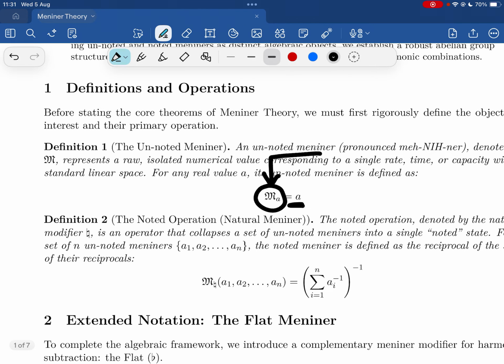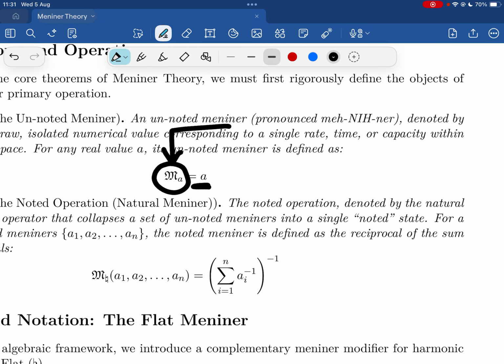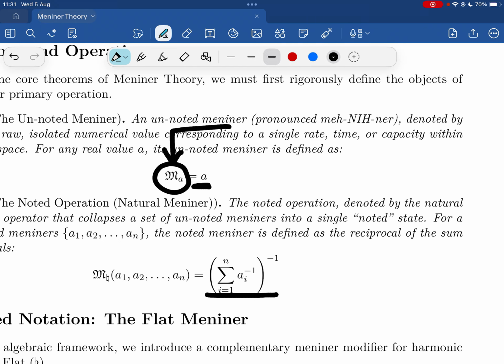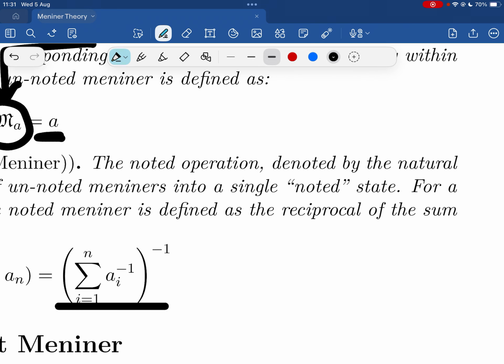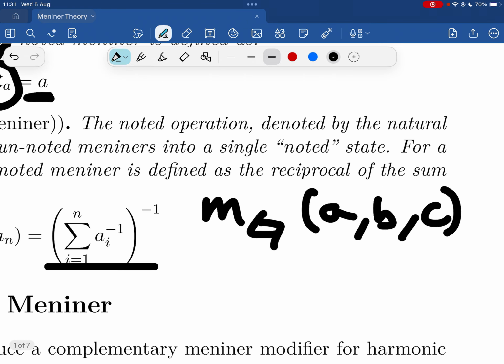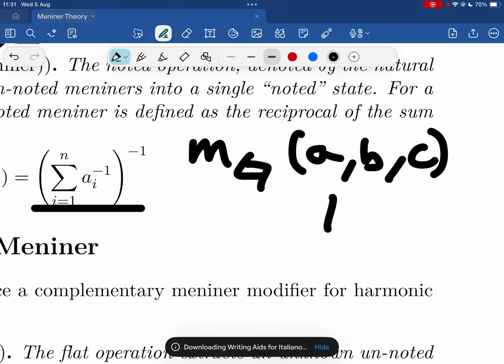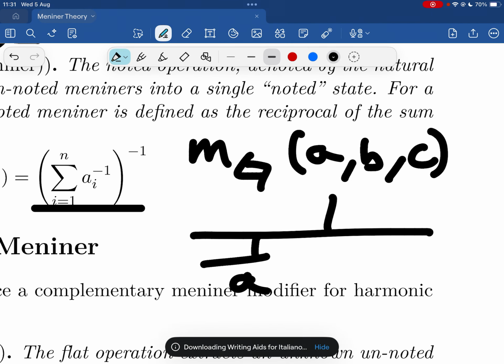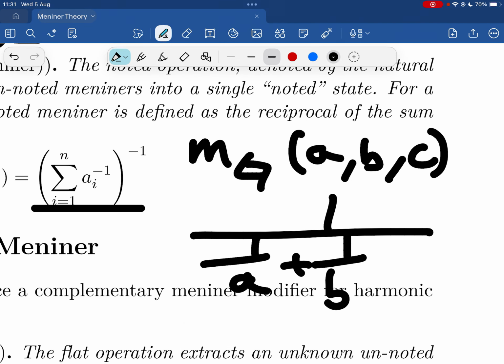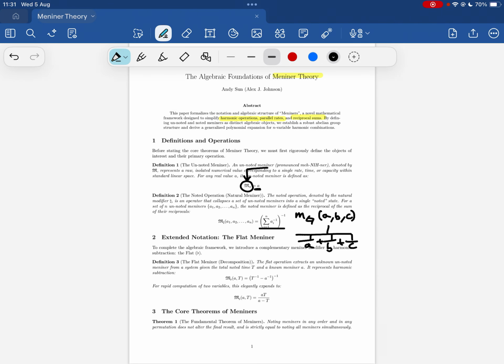The noted operation can only be used on unnoted Meniners and is equal to the reciprocal of the sum of reciprocals of the Meniners. For example, the noted Meniner object of A, B, and C will be 1 over (1 over A plus 1 over B plus 1 over C). Okay? And this is the definition of the noted operation.